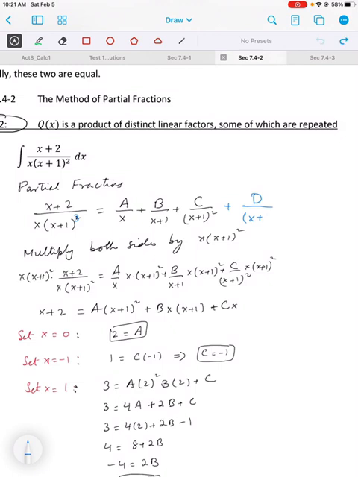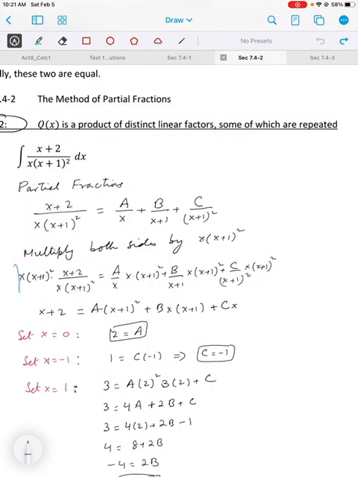In this case we have only the second power of the repeating factor, so we only have to put 2 terms. Next is the same procedure that we did before: we multiply both sides by the LCM, which in this case will be x times x plus 1 whole squared.